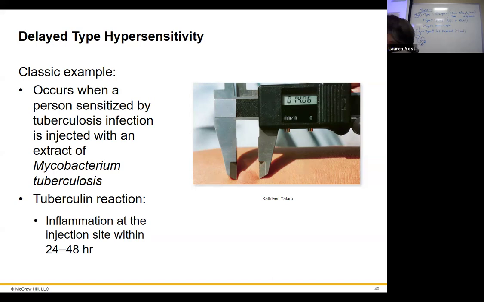And if there is inflammation, if that area has swollen up where they've injected that protein, then it is indicative of prior exposure to Mycobacterium tuberculosis. This will pop positive for anybody who has had the vaccine as well, which is almost nobody who are United States citizens, well, originally born in the United States anyways.